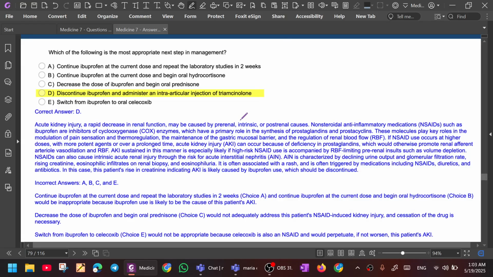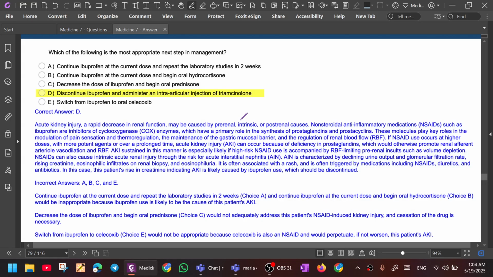Acute kidney injury, a rapid decrease in renal function, may be caused by prerenal, intrinsic, and postrenal causes.